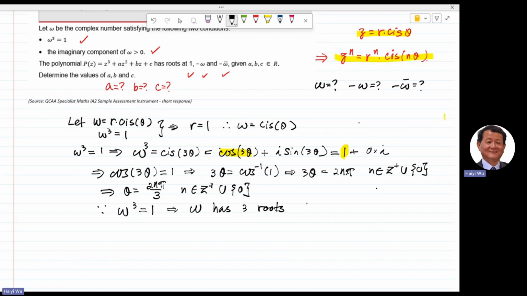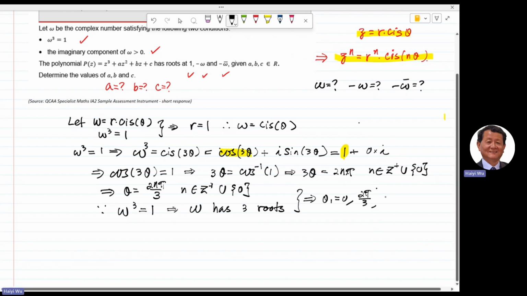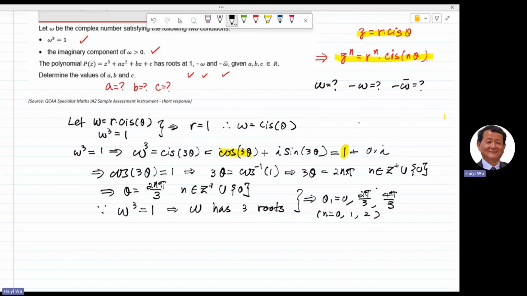So theta 1 is 0, the second one is n equal to 1, which is 2 pi over 3, and the third one is n equal to 2, which is 4 pi over 3. So I'm choosing 0, 1, 2 for n.